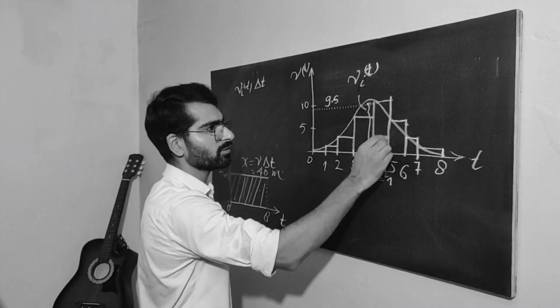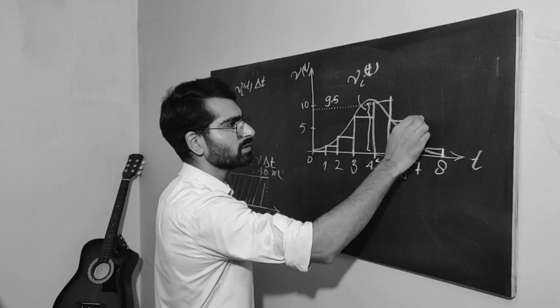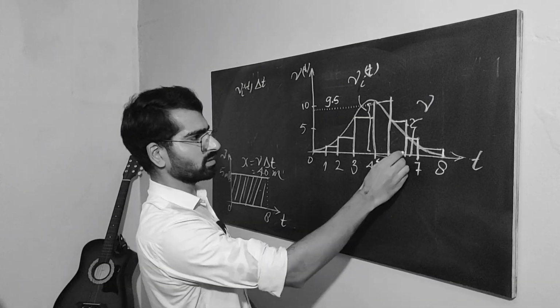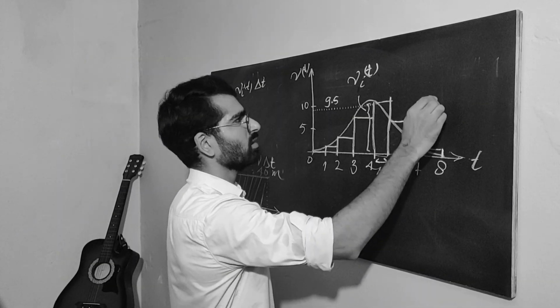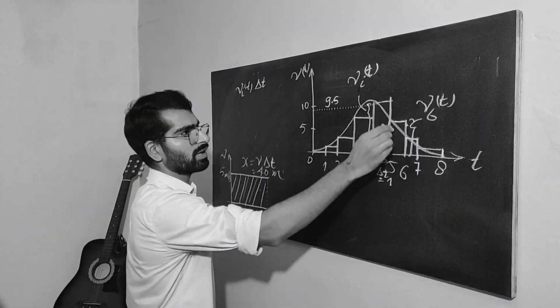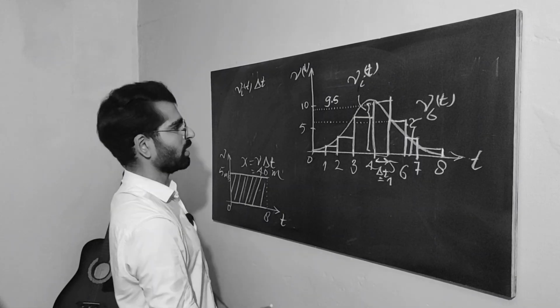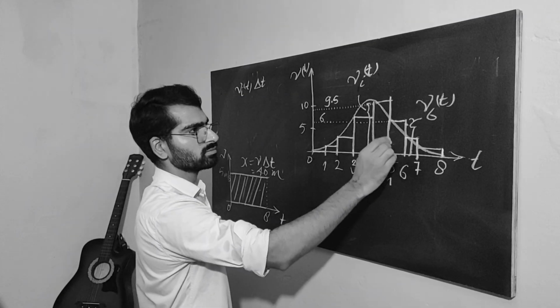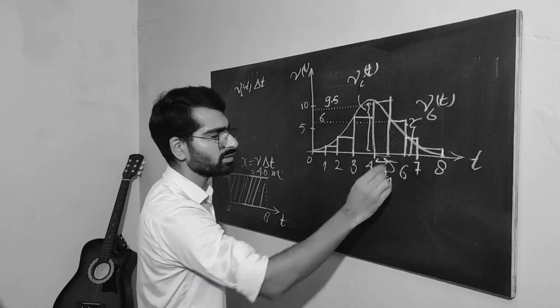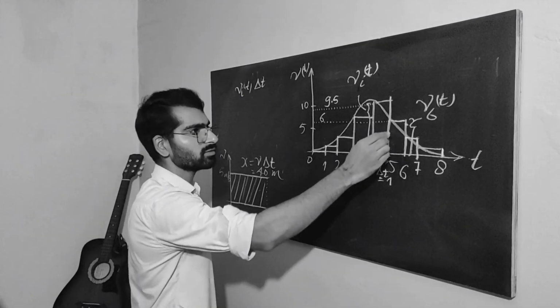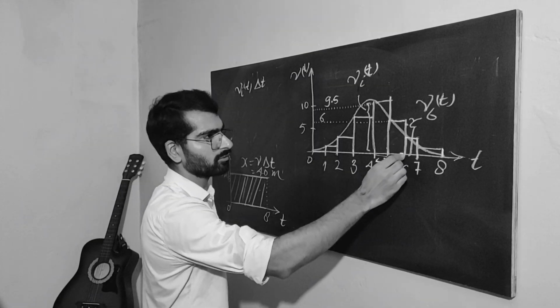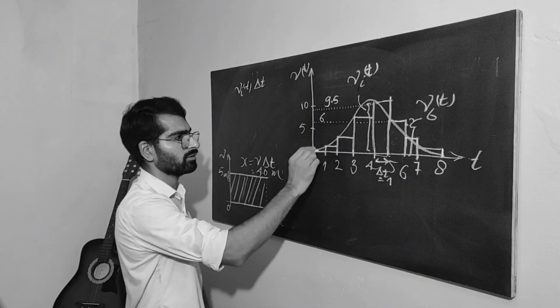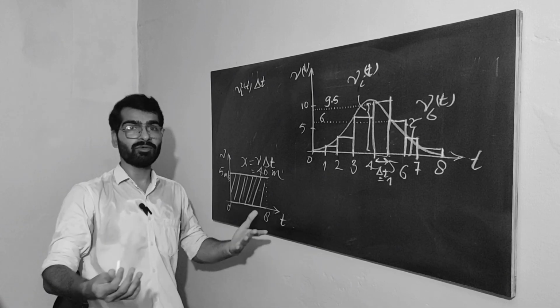And I can do the same for this one. All I have to know is this velocity, V of the 6th interval, maybe. Whatever that speed is, looks like it is 6 or so. So 6 times 1 gives me the area for this one. And I can find the area for this one, and this one, and I add them all up.